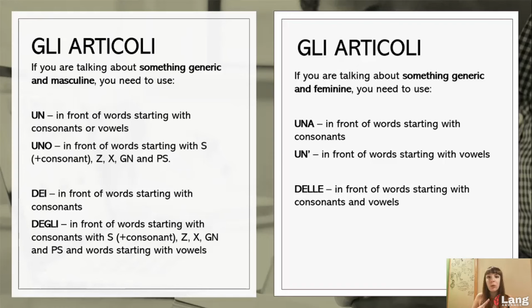Attention, the apostrophe is compulsory and it's very, very important. You don't put any apostrophe after un when the word is masculine, only when the word is feminine. Una and un apostrophe change into delle when the word changes into plural.